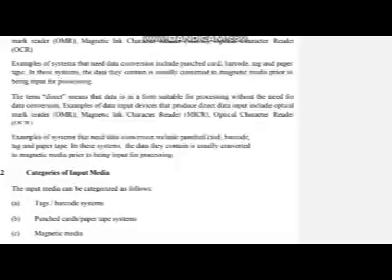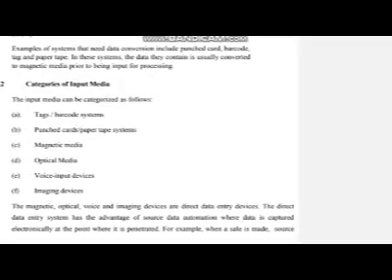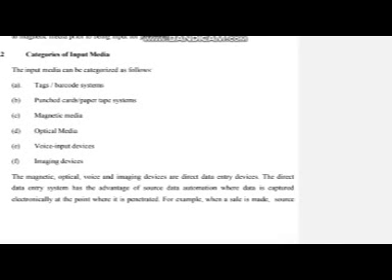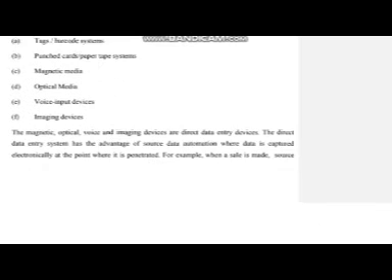Then we have the punch card, paper tape system, magnetic media, optical media, voice input device like your microphone, imaging device like your scanner. So the magnetic, optical, voice and imaging devices are direct data entry devices.